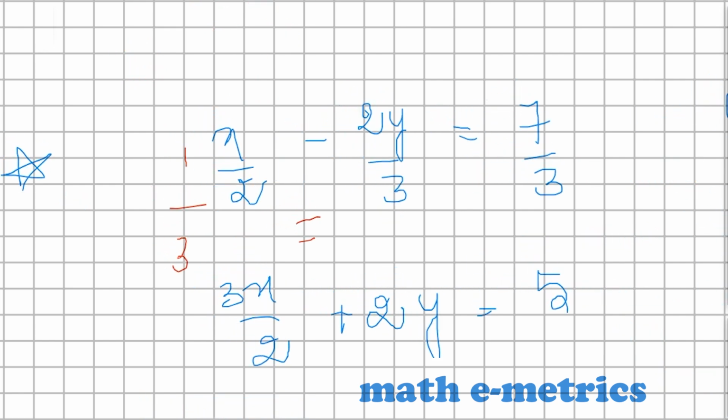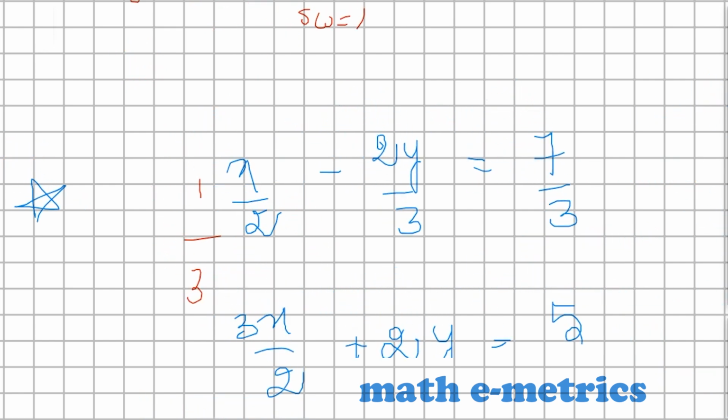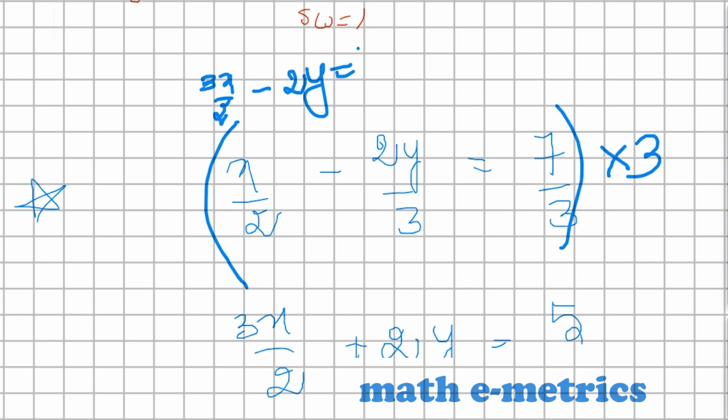Okay, one more thing to notice is, if you multiply the above equation by 3, what do you get? You would get 3x divided by 2 minus 2y equals 7. And what is this?